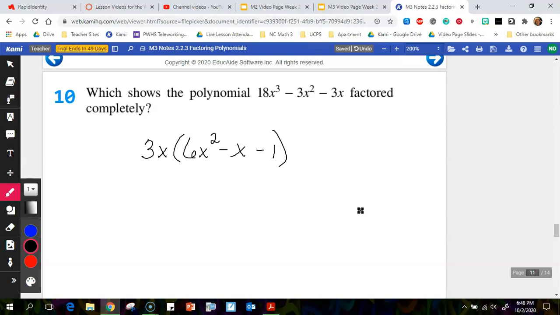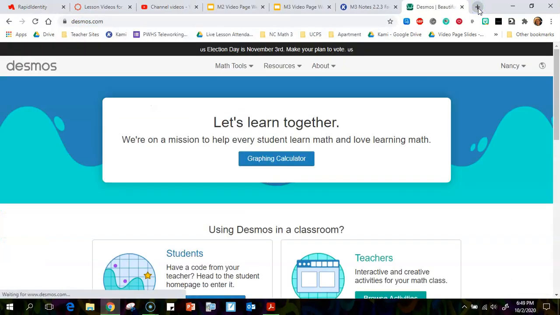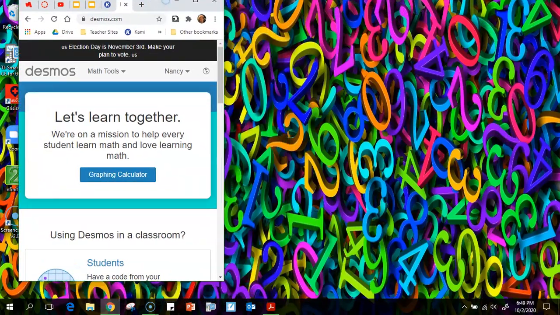And then we have to factor this part. I can show you a trick, because I don't think this needs the quadratic formula. Let's go over to Desmos. I'm trying to save time here.